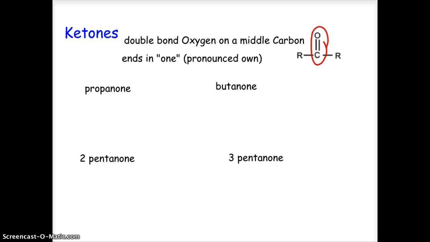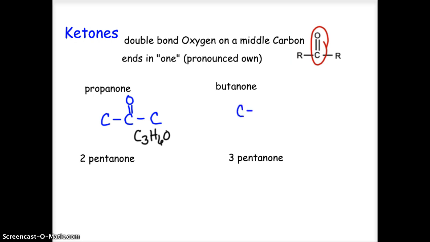So the simplest ketone you can have is propanone. So that would be 3 carbons with a double bond oxygen. That is the molecular structure for propanone. Its molecular formula would be C3H6O. That is propanone.